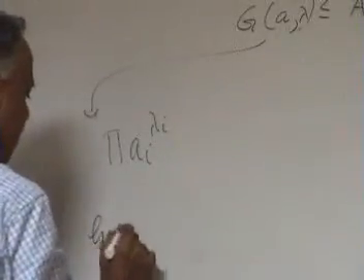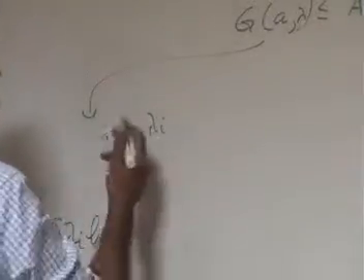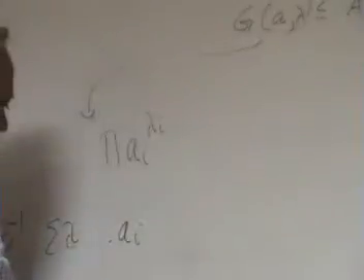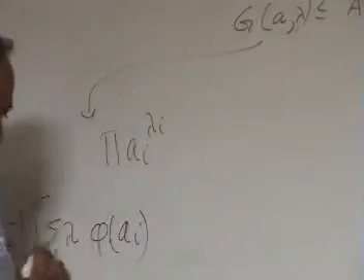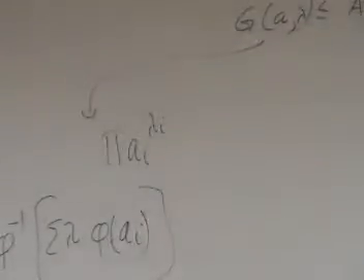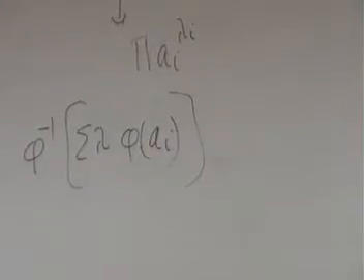I thought of it as the logarithm of ai times lambda i, and then I took the anti-log. So I can think of it as phi inverse of the summation of lambda i phi ai.